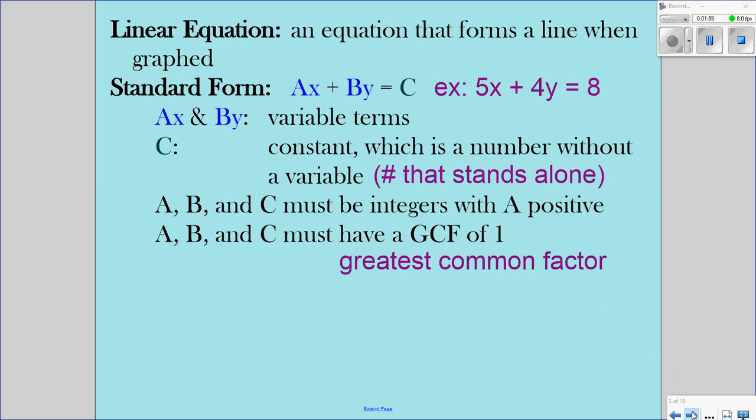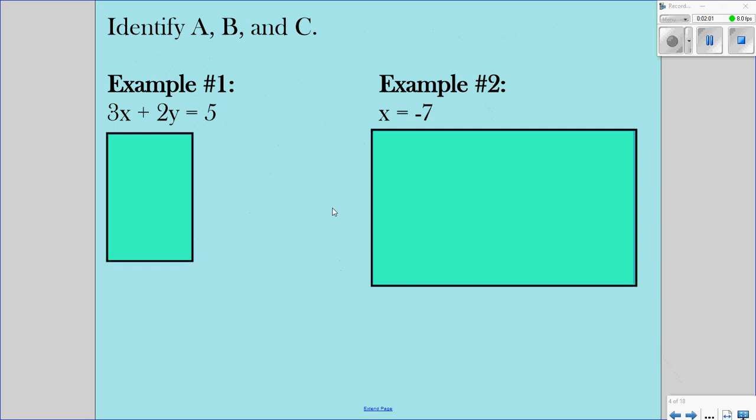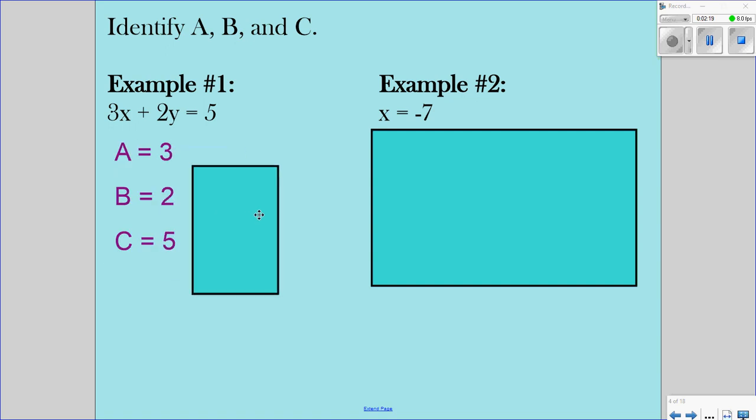Alright, so for the first part, let's identify A, B, and C. So we got the first example. First, is it written in standard form? Yes. So then we can determine the A, B, and C. So A is 3, B is 2, and C is 5.